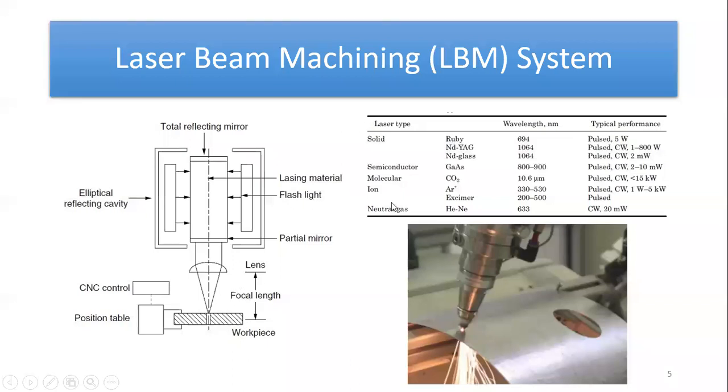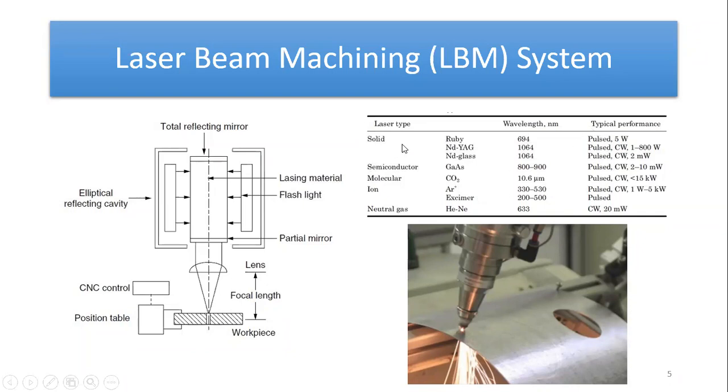If you look at laser types, as mentioned just now, you can have solid, semiconductor materials, gas, and the other one is dye. Depending on the materials you use, it will have different wavelength and different performance.